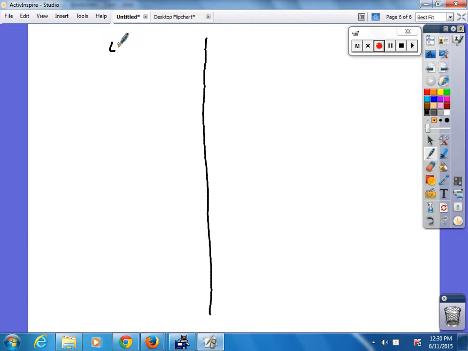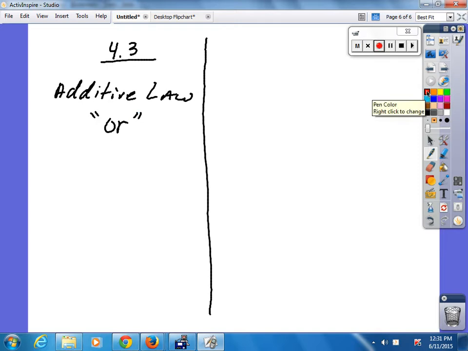In 4.3, I told you, was the additive law, which circled around the word what? Or. And when you see the word or in your question, that means you're going to use the additive law. And I told you to highlight or put in red or important. I told you to always subtract the what?